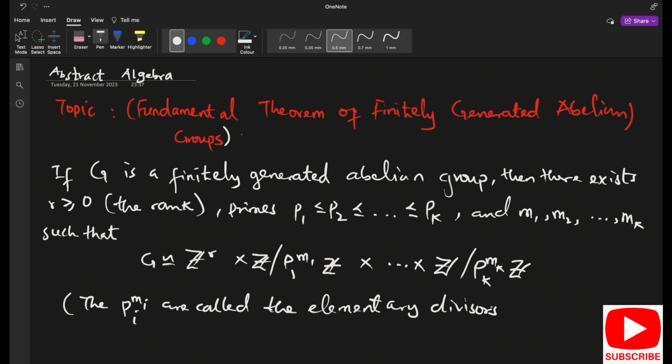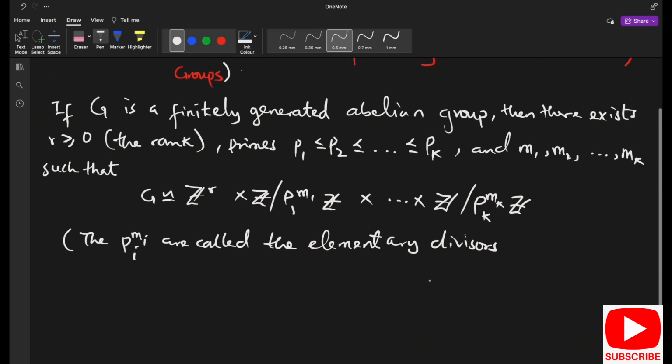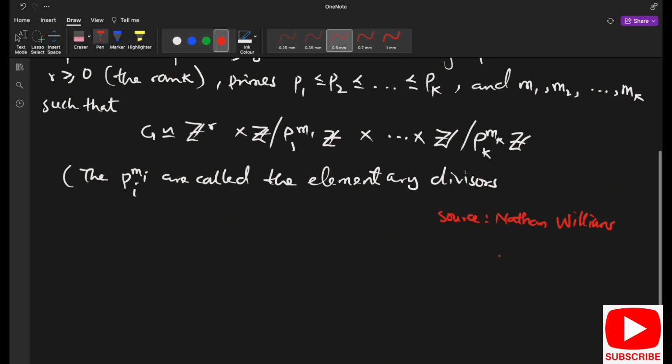This is from the definition of source, Nathan Williams. He's an assistant professor at the University of Texas at Dallas. He's such a great professor. So let me just start.